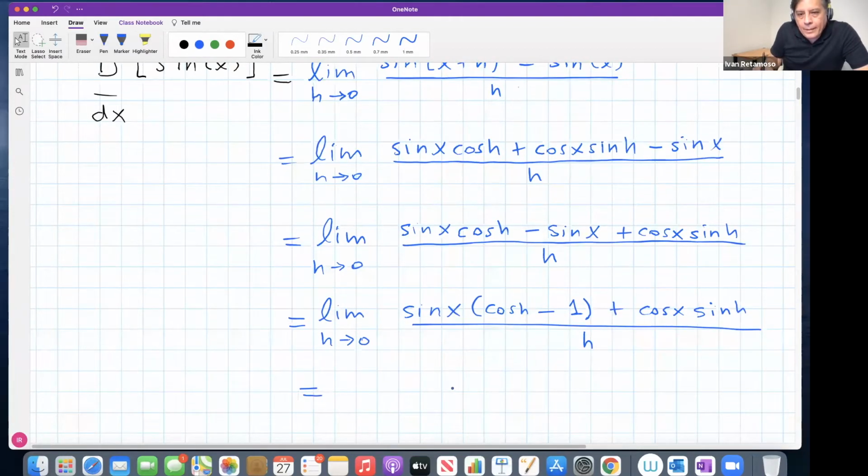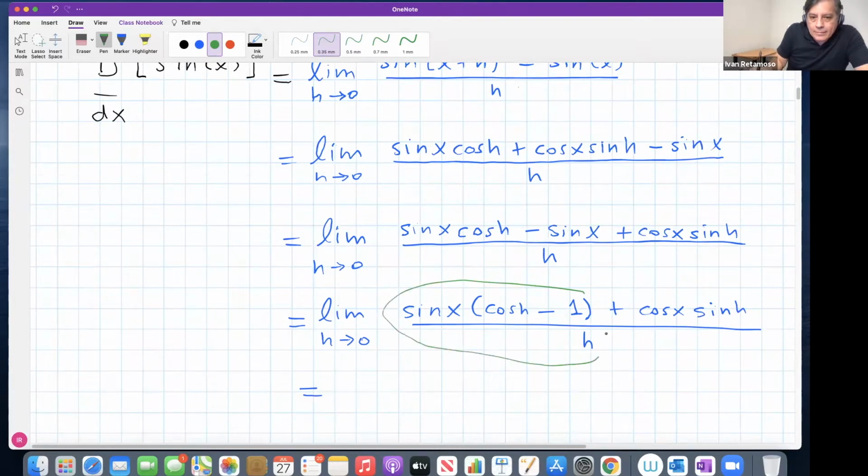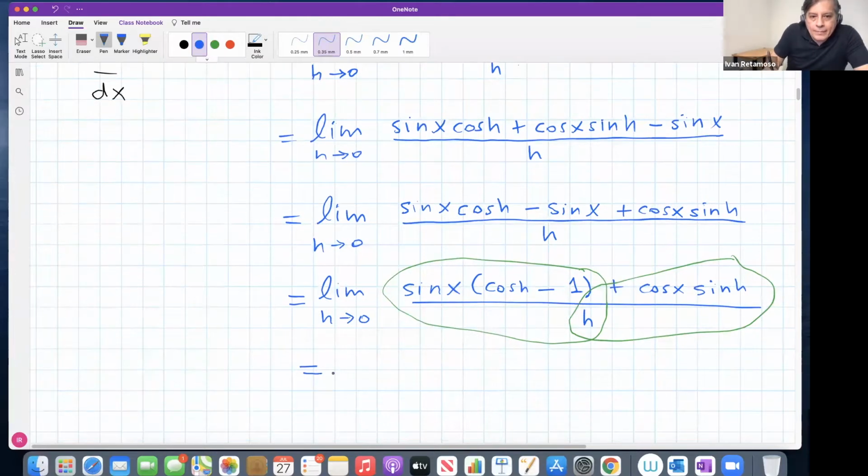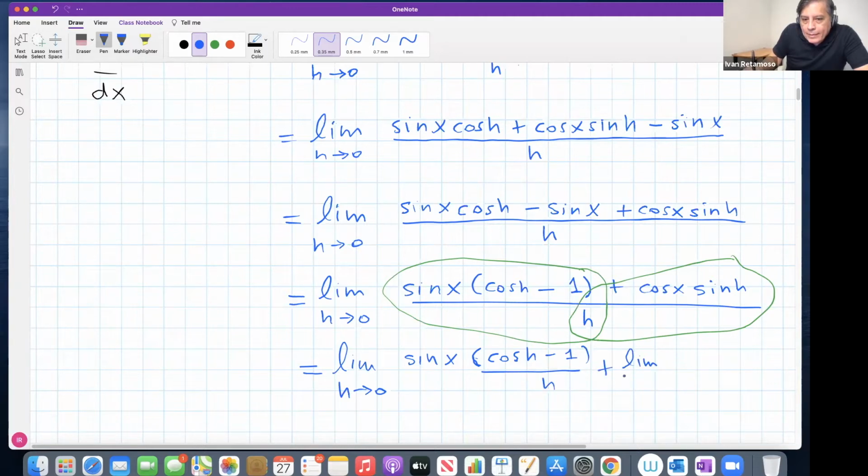Now, next, notice that if you separate this part from this part, this is what you will get: the limit as h approaches 0 of sine of x multiplied by cosine of h minus 1 over h, plus the limit as h approaches 0 of cosine of x sine of h over h.